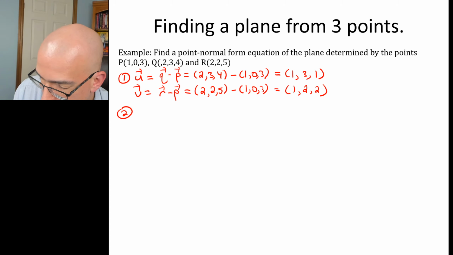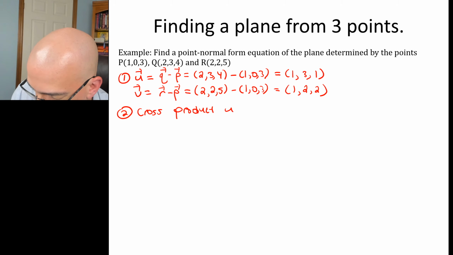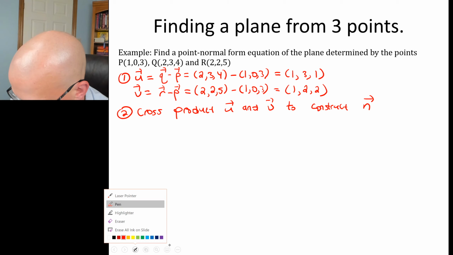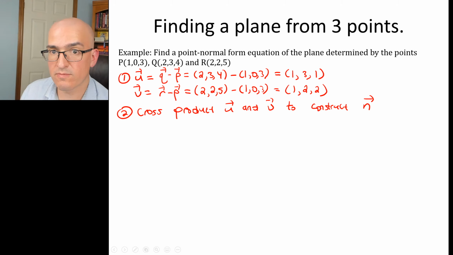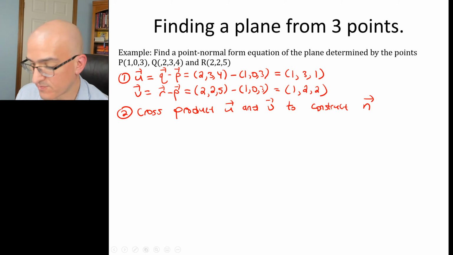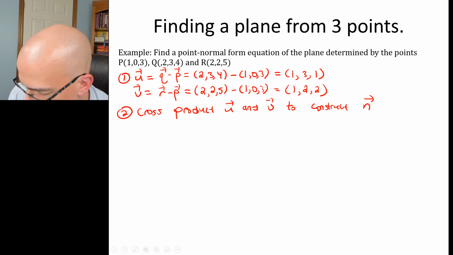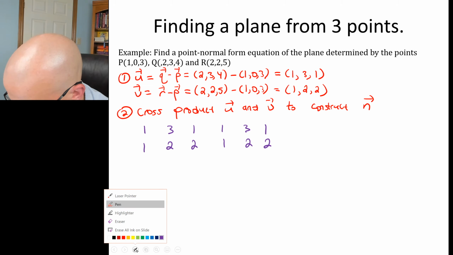Step 2, cross product u and v to construct n. This looks a lot like the form where the plane was defined by 2 lines. So what we have? Make 2 copies: (1, 3, 1), (1, 3, 1), (1, 2, 2), (1, 2, 2), and then we'll cross them out.